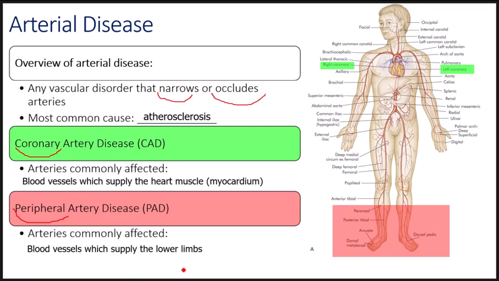In other words, although somebody can get peripheral artery disease anywhere within the periphery, the most commonly affected area are the arteries that supply the lower limbs. And of course, keep in mind that the brain can also be affected by atherosclerosis.